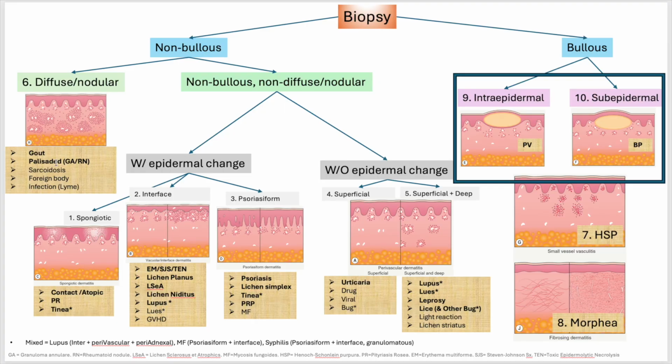So today we are going to complete this series by focusing on the bullous disorders, both intraepidermal and subepidermal patterns. This is the final piece of the inflammatory dermatosis puzzle.